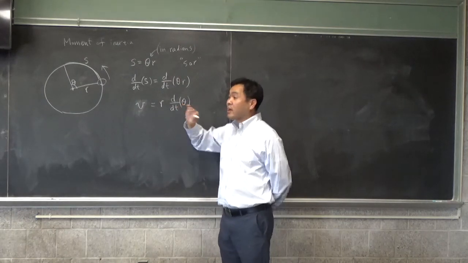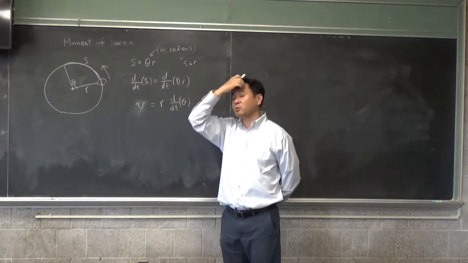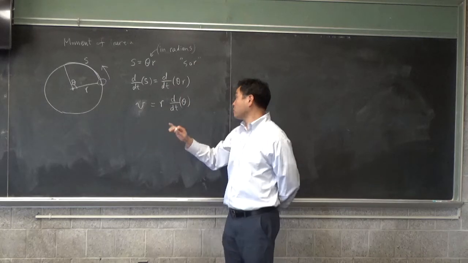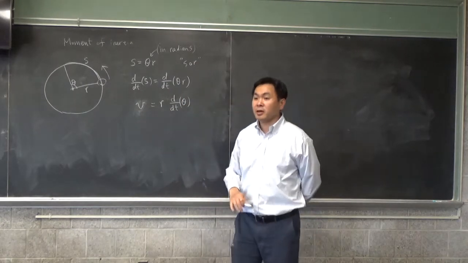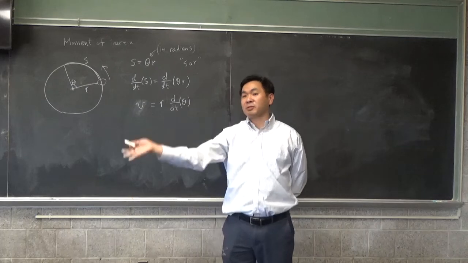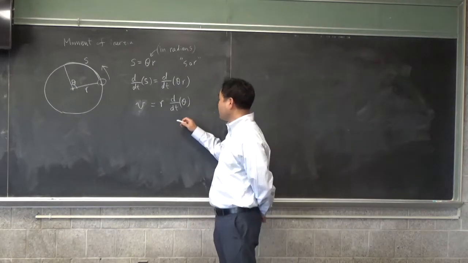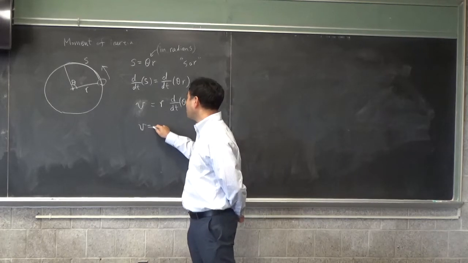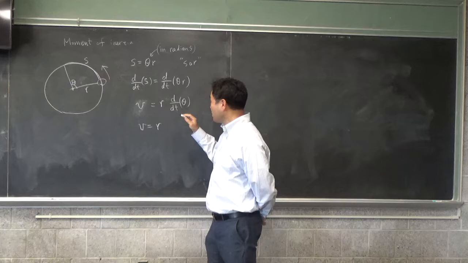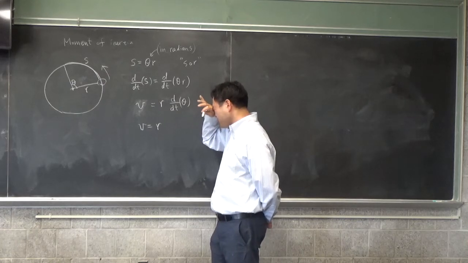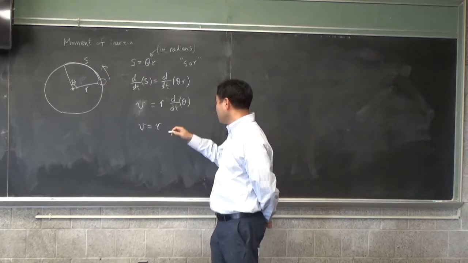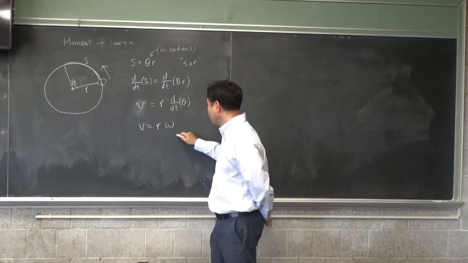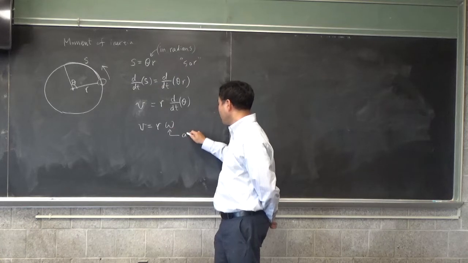It's the rate of change of the angle with respect to time, right? And you have a name for that. That's called the angular velocity, or angular speed. The letter that's used for angular speed is omega. So this one is angular speed.